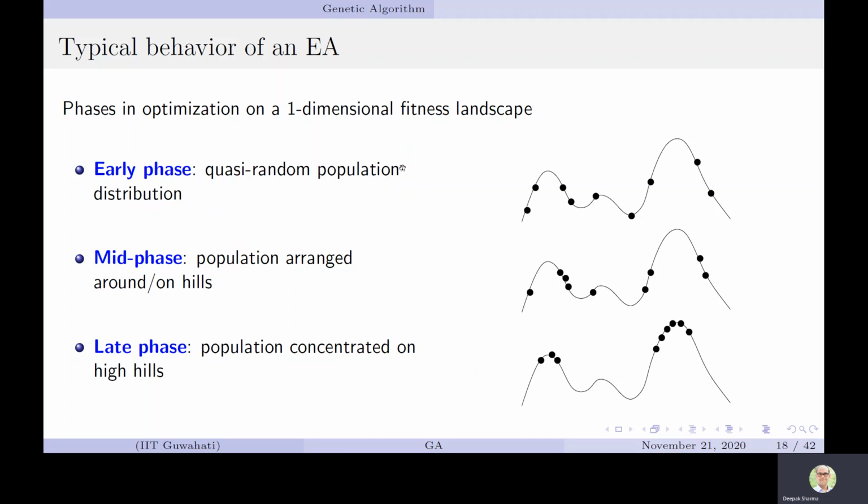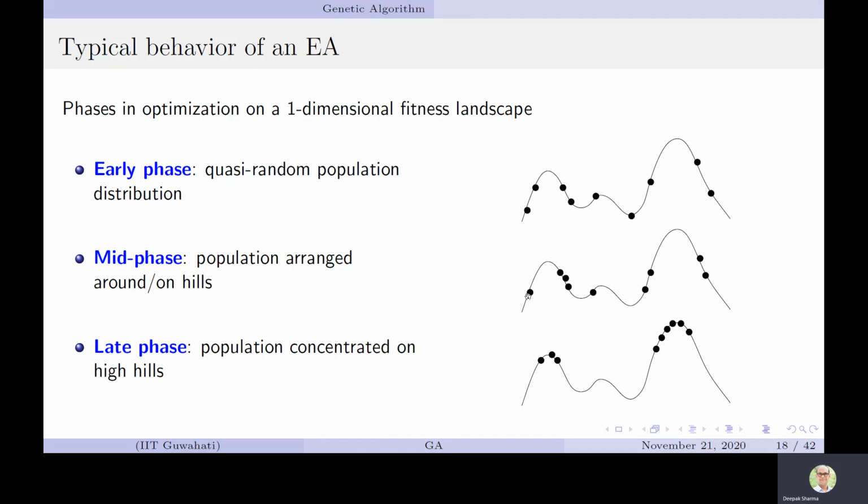So what is the typical behavior of genetic algorithm on a one-dimensional fitness? Suppose a single variable function is given to us. In the early phase, the solutions are distributed randomly in the range of X. In the mid phase, we have survival of the fittest, crossover, mutation.